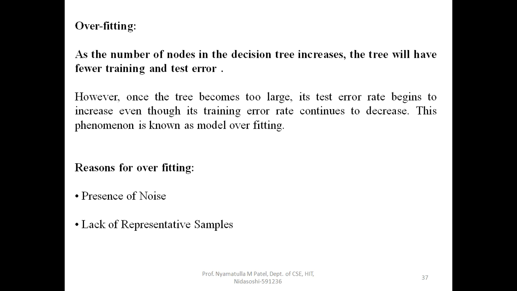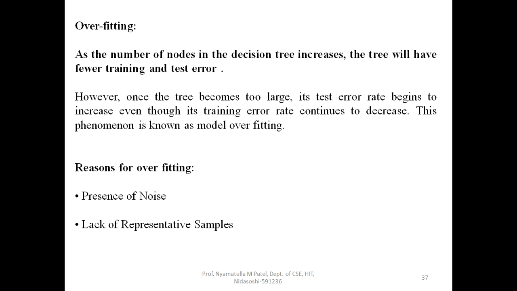So as you increase the number of nodes, the tree produces far fewer training and test errors. However, once the tree becomes large, its test error rate begins to increase even though its training error rate continues to decrease.